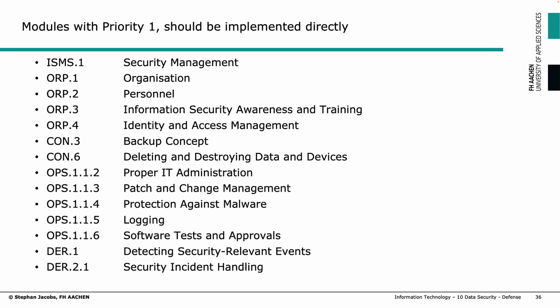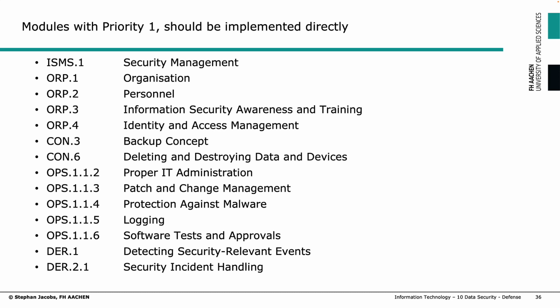So here it is defined which type of roles you have in your company and which role requires access to what kind of resources. The module CON 3 is about a backup concept, and CON 6 is about deleting and destroying data and devices which are no longer in use.